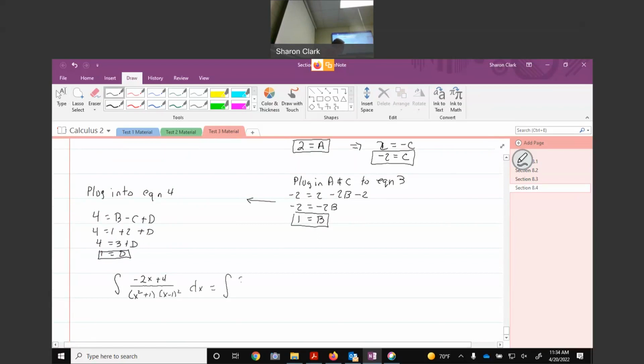A is 2x plus 1 over x squared plus 1 dx, plus the integral of C, negative 2 over x minus 1 dx, plus D, which is 1 over x minus 1 squared dx.